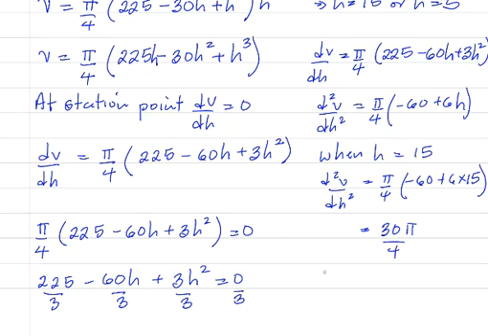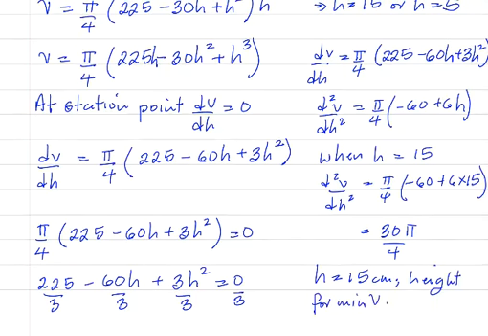So h equal to 15 centimeter is the height for minimum volume. But what we want is the height for maximum volume. So let's go to the next page.